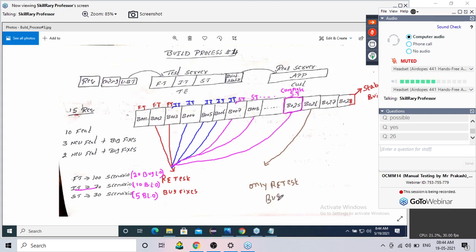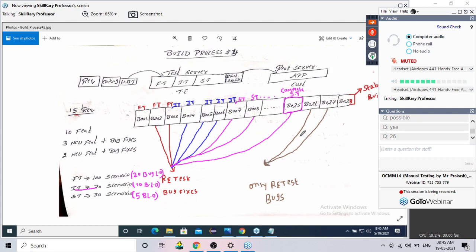Again, when I'm doing retesting, can I find one more bug? Possible or impossible? 5 bugs he has fixed, but only 2 more bugs I found. I give them again to the developer. Immediately the developer, today night only, will fix and give it to you in B27. So again in B27 also I am only retesting the bugs.